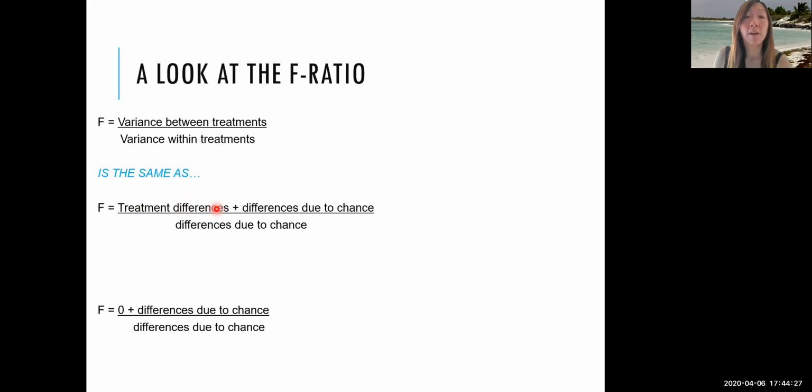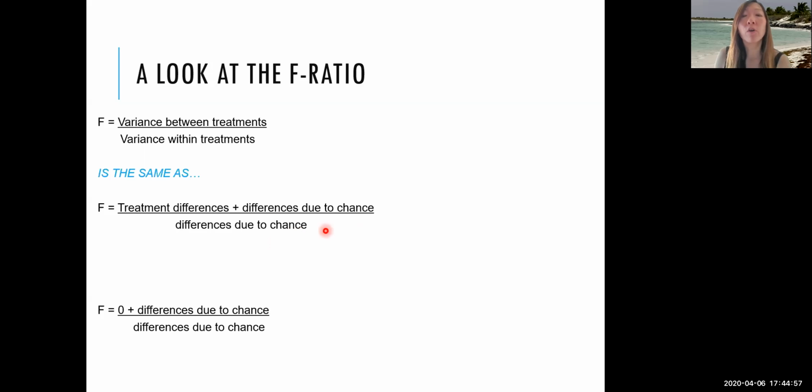But we're also looking for differences due to chance, in other words, the error. So we're looking for both treatment differences, or between-subject differences, and error, within-subject differences, however you want to say it. We're accounting for all of this in the numerator, okay? In the denominator, we're accounting for chance, so error.